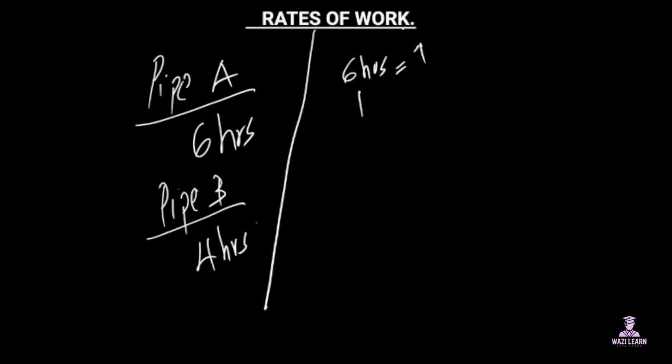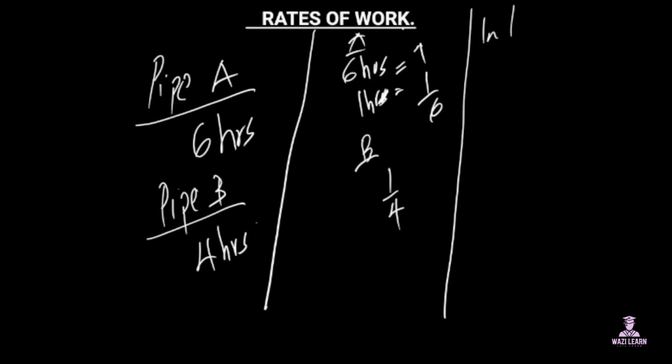What about 1 hour? 1 hour will be 1 over 6. So in 1 hour, 1 over 6 of the tank will be filled. This is pipe A. Pipe B, using the same formula, will fill 1 over 4, a quarter of the tank, in 1 hour.